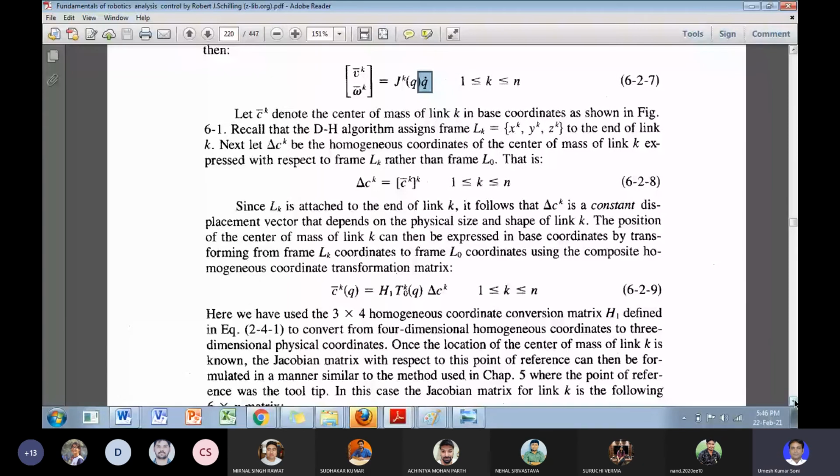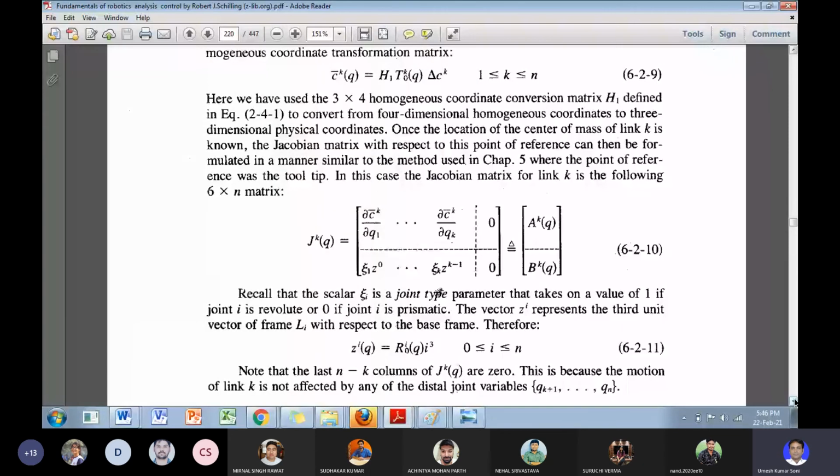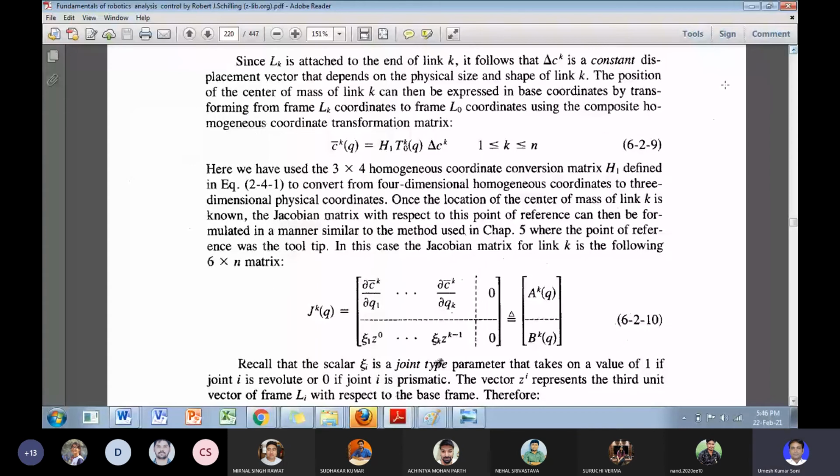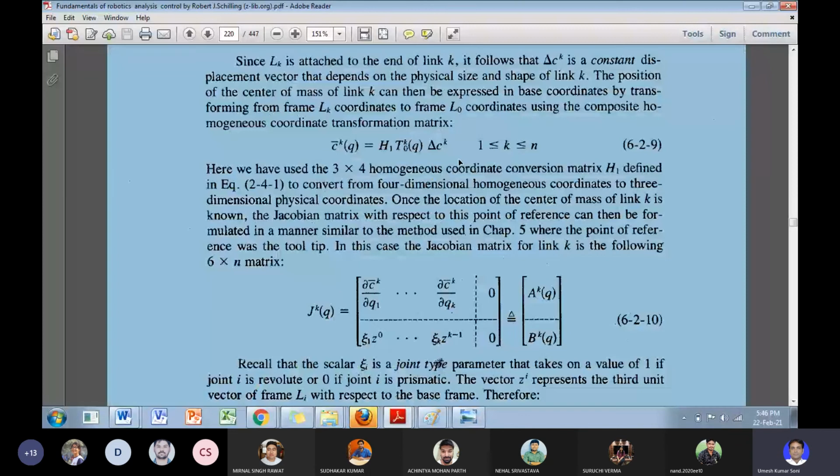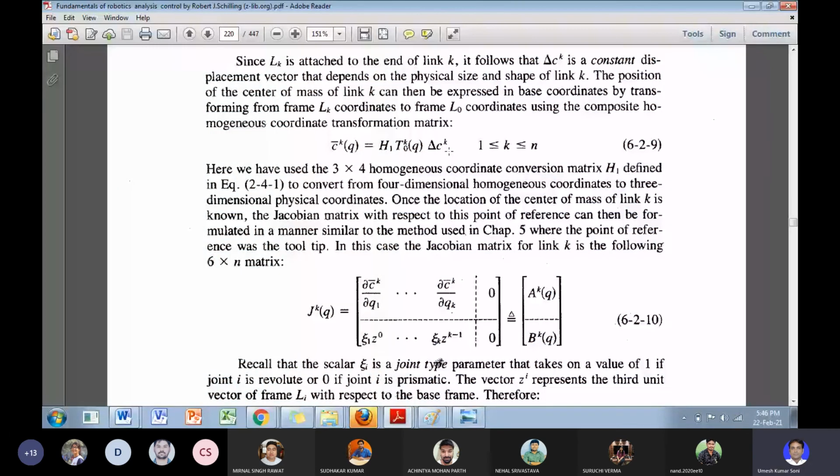And here you can see this Jacobian matrix is for the center of mass. Here you see the center of mass has the homogeneous transformation matrix T q 0, and the center of mass with respect to the kth coordinate, and this is the coordinate conversion matrix H1.